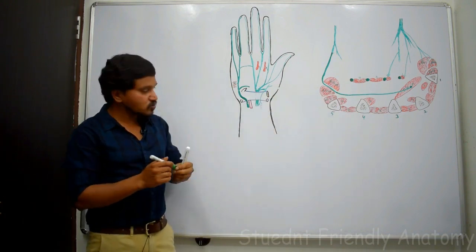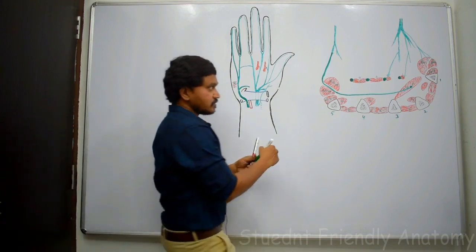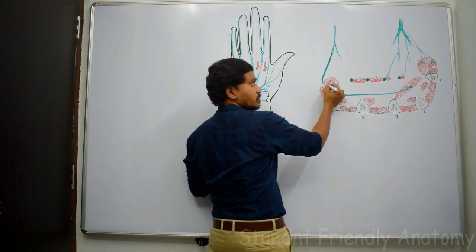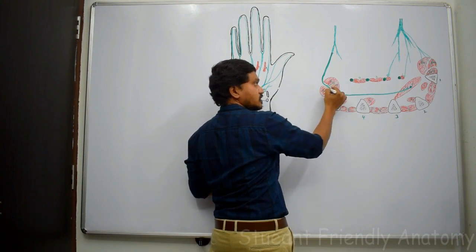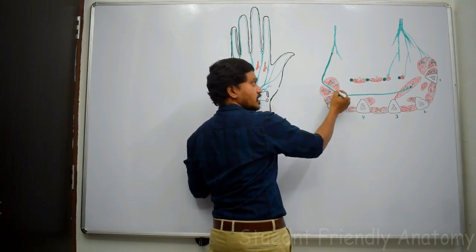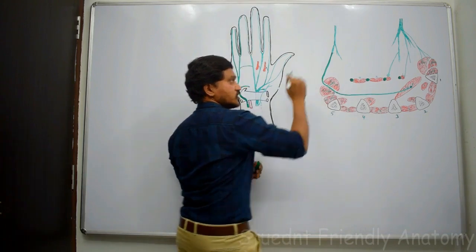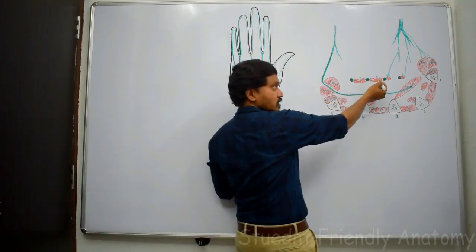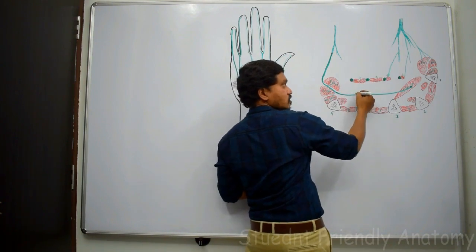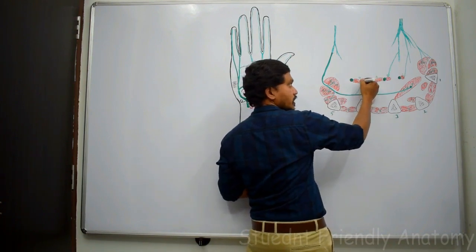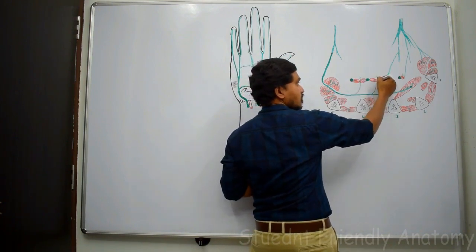So what are those? This nerve supplies the flexor digiti minimi, abductor digiti minimi, and opponens digiti minimi. And here the third and fourth lumbricals are not supplied by the median nerve. So these two muscles are supplied by the deep branch of the ulnar nerve.